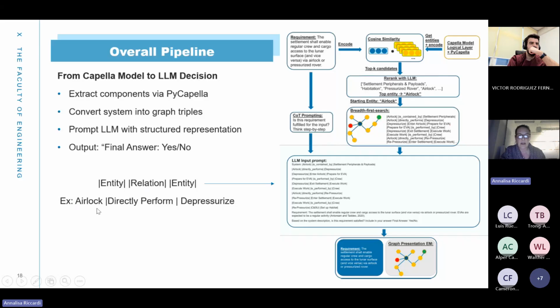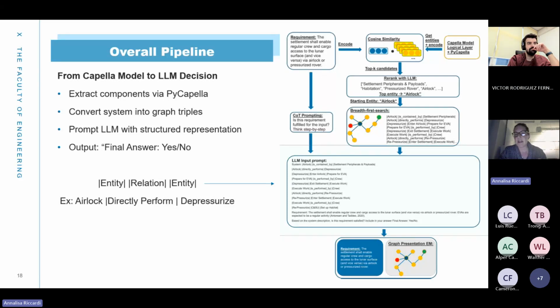This is an example. In this Capella representation, you have the entity airlock that is in the relation directly performed with the entity depressurize.